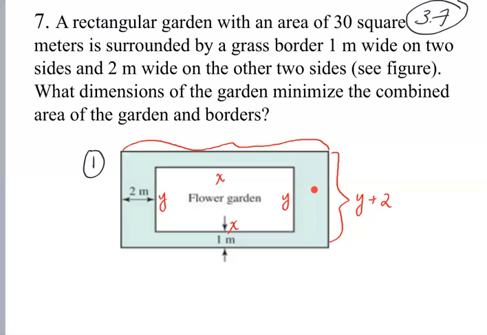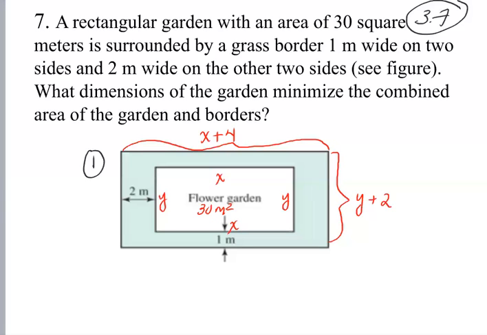So that gives me a length of X plus 4 on that side. Okay, so I've labeled my figure. One other thing I know about it is the area of the garden itself is 30 square meters. I'll just go ahead and note that.